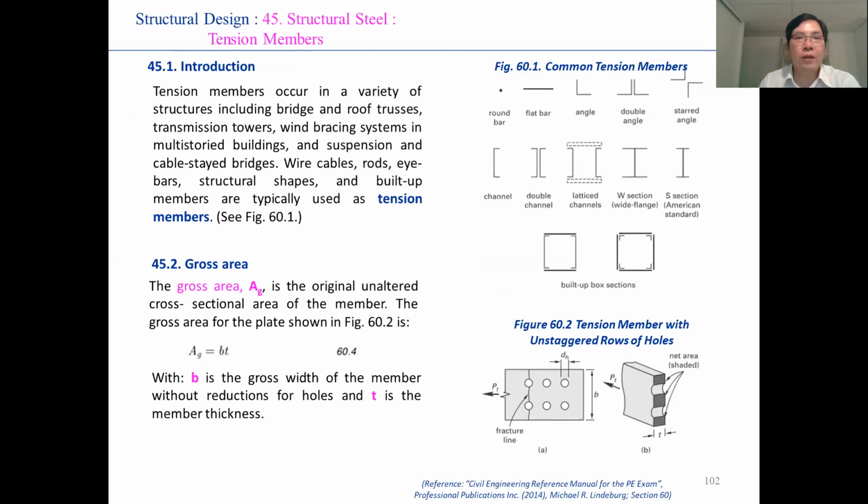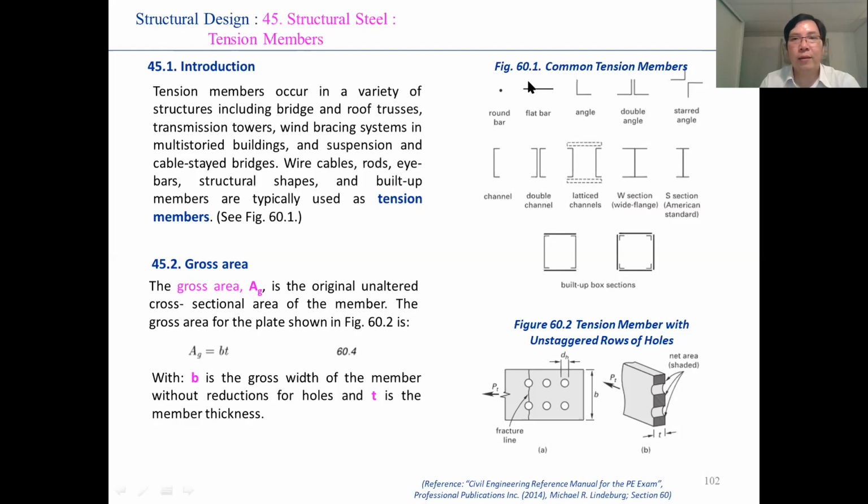So tension members occur in a variety of structures, including bridge and roof trusses, transmission towers, wind bracing systems in multi-story buildings, and suspension and cable-stayed bridges. Wire cables, rods, eye-bars, structural shapes, and built-up members are typically used as tension members.